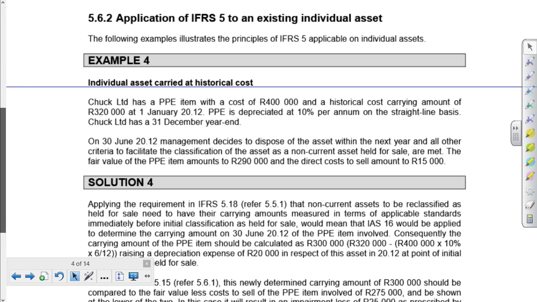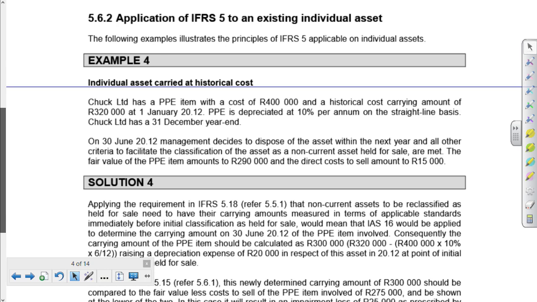So Chuck has PPE. PPE had a cost of 400,000 Rand and a historical cost carrying amount of 320,000 Rand. It's depreciated 10% per annum, straight line, and they have a December year end. So the cost was 400,000 Rand. At beginning of year, carrying amount was 320,000 Rand.